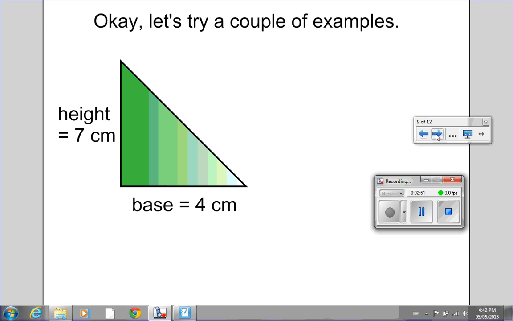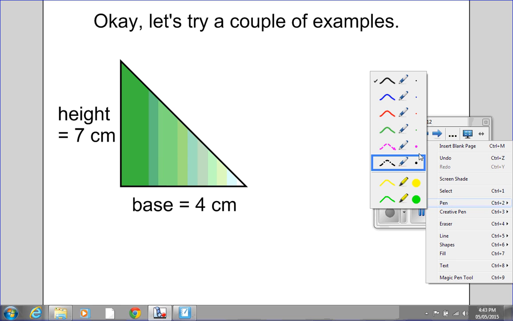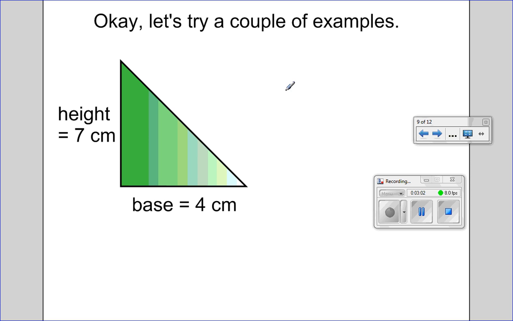Okay, so let's try a couple of examples. In this triangle, the height is 7, the base is 4. And I find a lot of students actually prefer to write the area like this. So area equals 4 times 7, that's base times height, and then 1/2 really means the same thing as dividing.